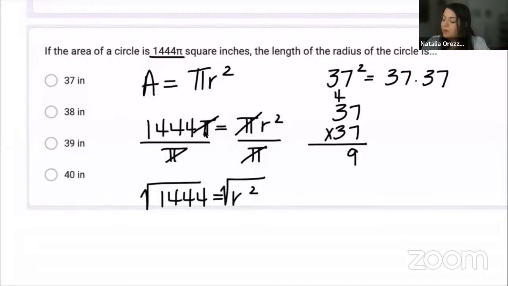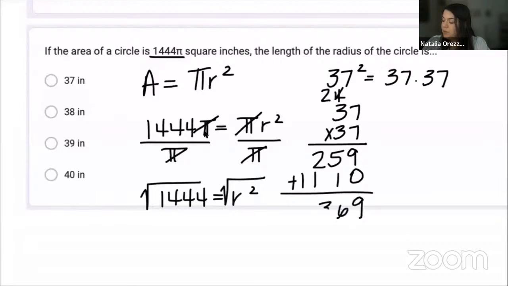We carry the 4. 7 times 3 is 21, plus 4 is 25. Placeholder 0. 3 times 7 is 21, carry the 2. 3 times 3 is 9, plus 2 is 11. So 9, 6, 3, 1. This is not it. Sorry, this is not our answer.